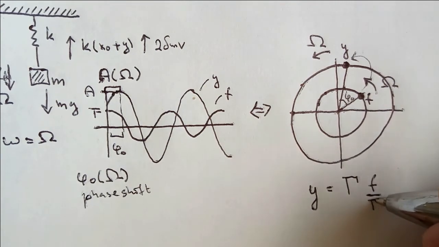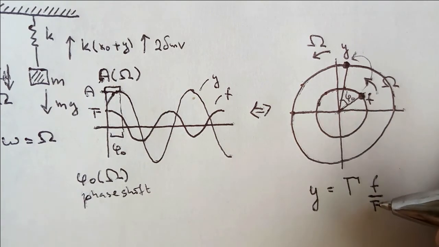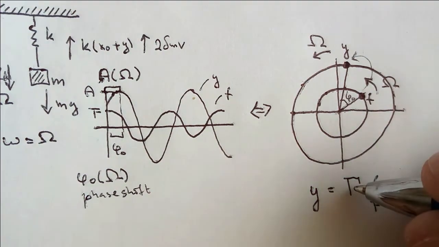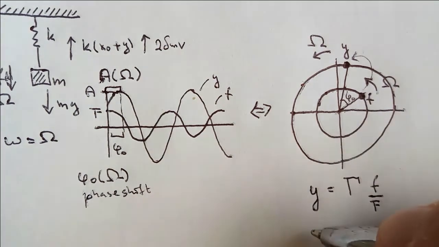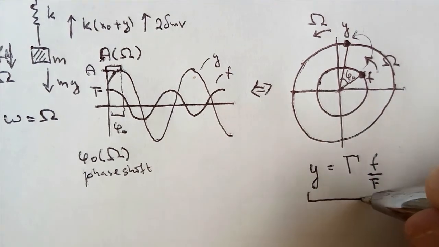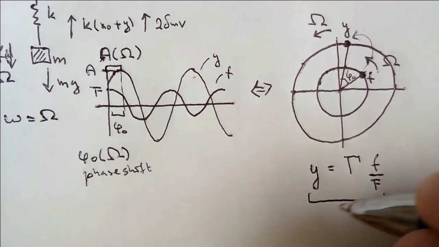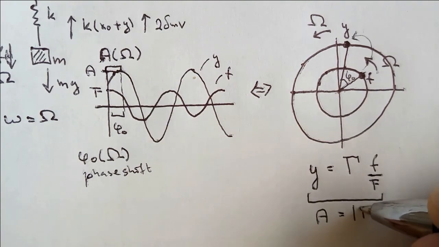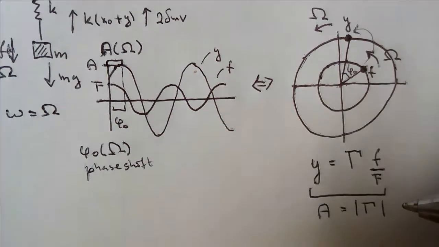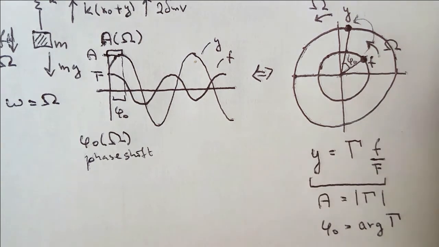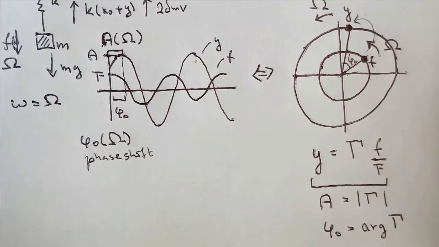Then from this equation, it's easy to write that A is the complex magnitude of this complex number, and the phase is the argument of this complex number. Let us write the equation of motion.